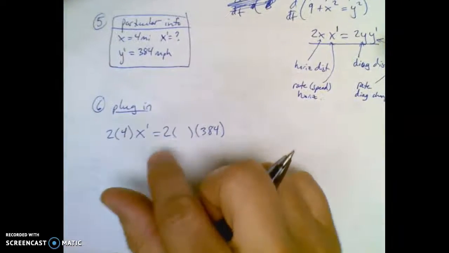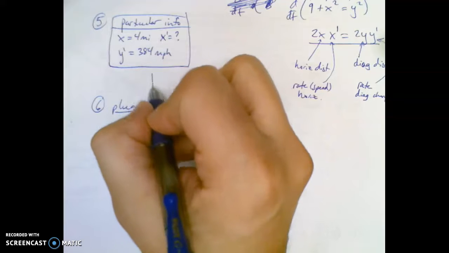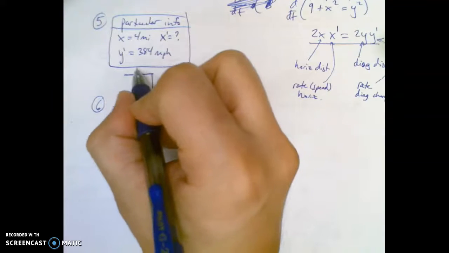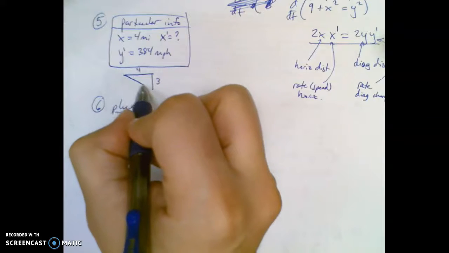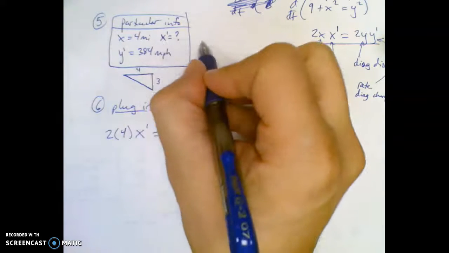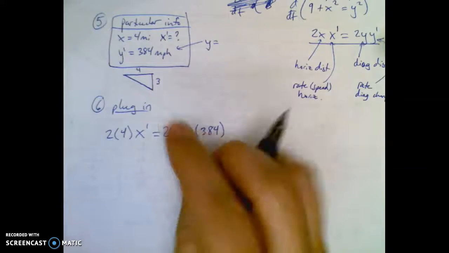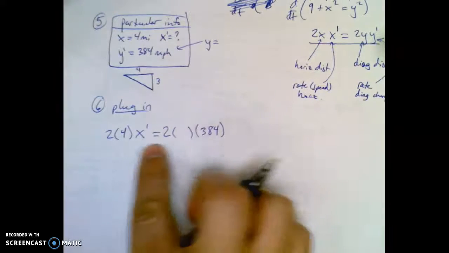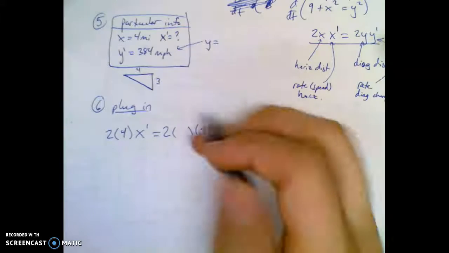Well, at this particular time, when I tell you you have particular info of this being 4 miles, and I already know this is 3 miles, at that particular time, you can actually find out what y is. So I can add that into particular information since I need it. Usually I don't do this step until I get down here and I realize, wait a second, I need to know that if I'm going to solve this problem.